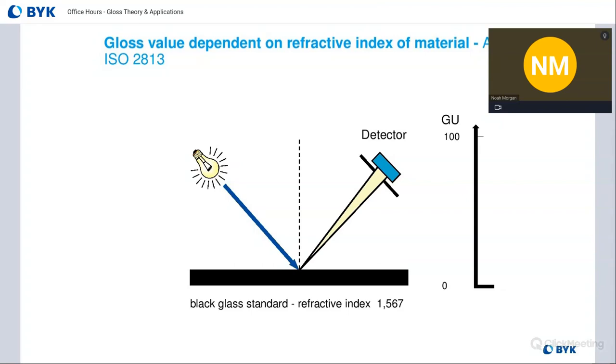So this black glass standard used to make this gloss meter had this specific refractive index, and therefore that specific refractive index was used to state that this is 100 gloss units. So this is where 100 gloss units came from. This is how it was decided.